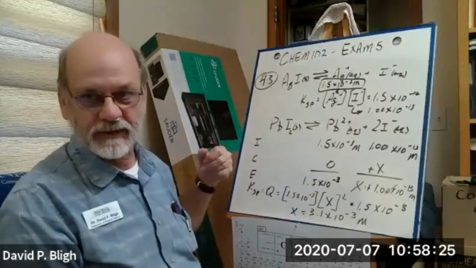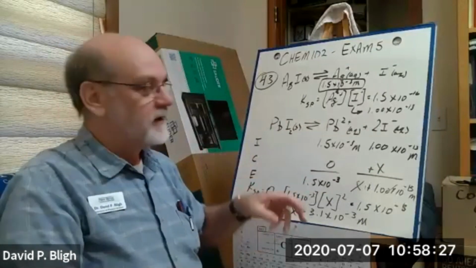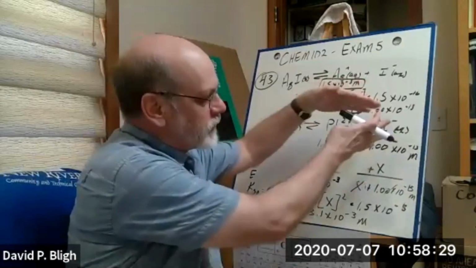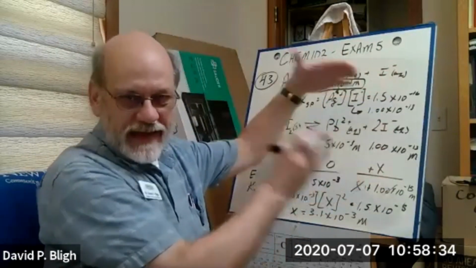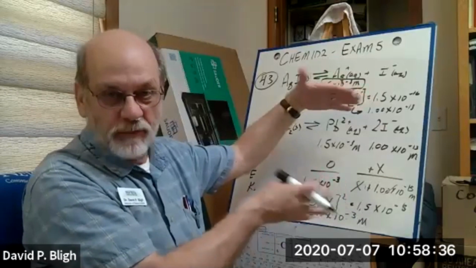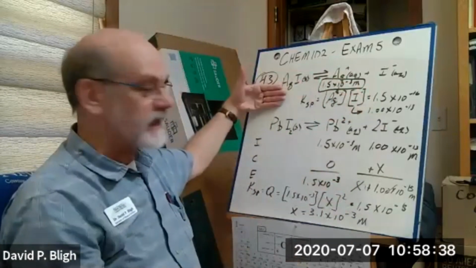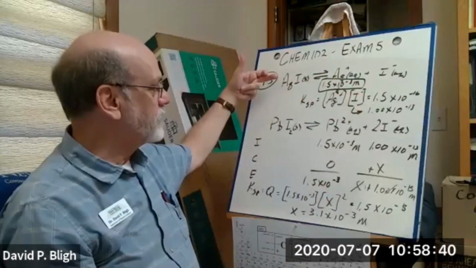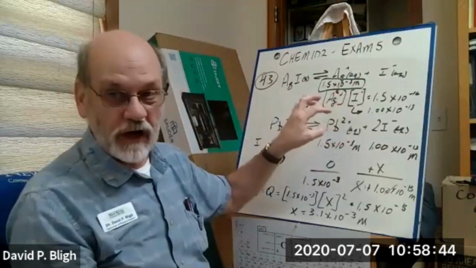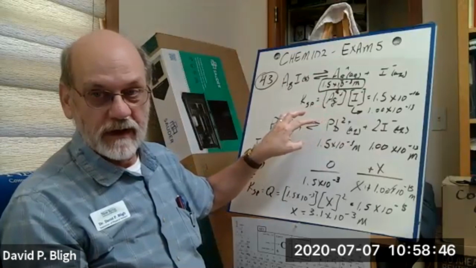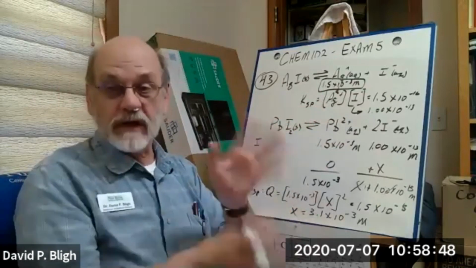Okay, and in fact, the greater the separation between the K values, the easier it is and the purer the separation is when you try to separate one of these from one of those. If the K values are very close to each other, then you get cross-contamination.